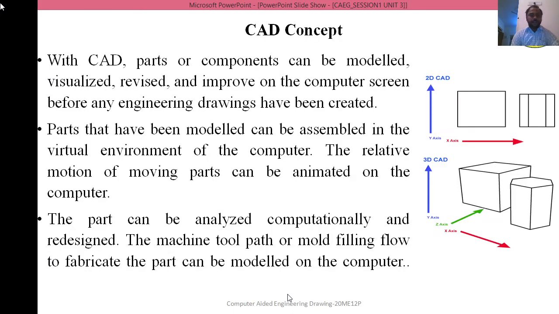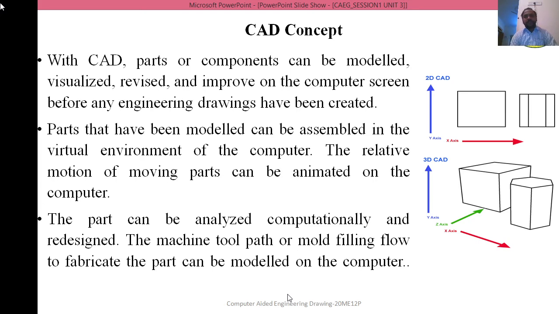Now, the concept of CAD. With CAD, parts or components can be modeled. That means by using CAD software, the component of the system can be modeled in 3D view. Then the same can be visualized, revised, that means modified and improved, on the computer screen before the engineering drawing is created.